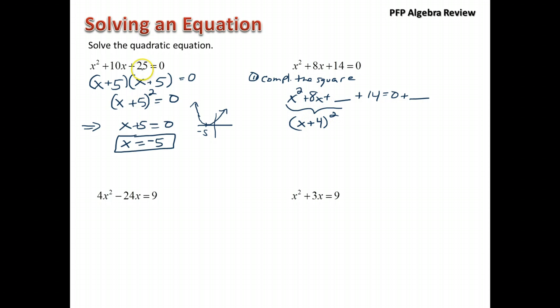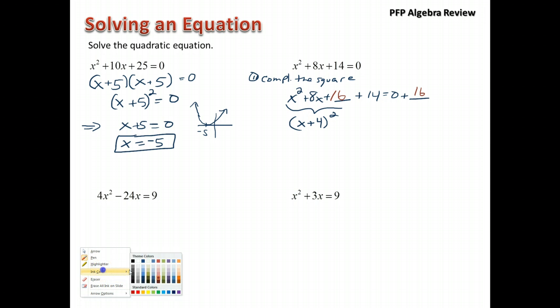Now we want to exploit the relationship between the 5 and the 25 to figure out exactly what this constant is that needs to be added. And in this case, it's going to be the square. 5 squared is 25, so 4 squared is 16. So we need to add 16 to both sides. We add 16 to the left-hand side, and we'll add 16 to the right-hand side.